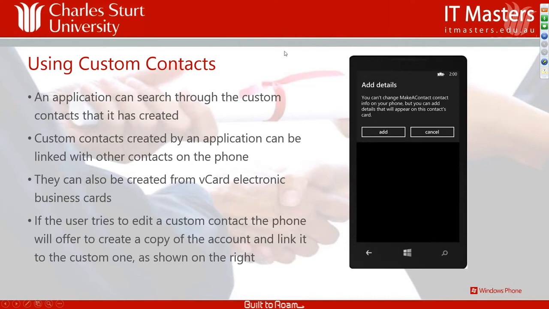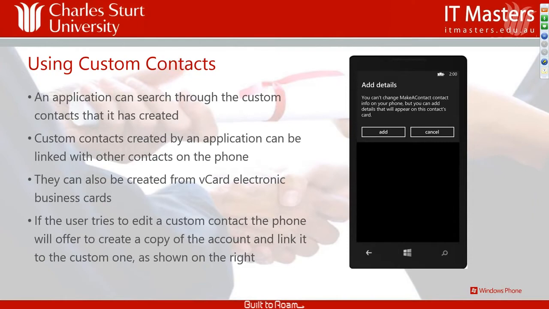One thing to note is that the data you're adding into the custom contact store is not being added into the user's existing contact stores, so for example, it's not being added into their Exchange account. If the user goes into the contacts, they'll still be able to see those contacts that belong to your application in the People Hub. Sometimes there'll even be a marry up between their contacts that come from Exchange and the contacts you've created as part of your contact store.